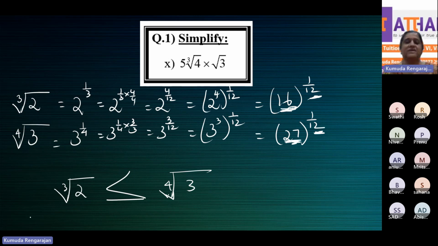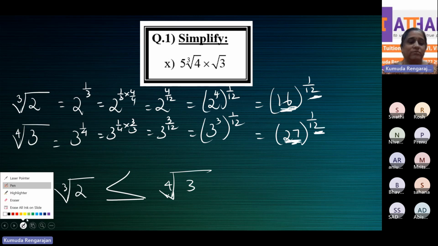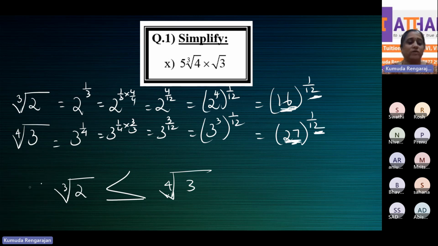Now using this idea, we have to work the sum. What have we understood now through this example? How to compare expressions which are in the radical form. Now certain terms are not used in CBSE, so I'm not using them.